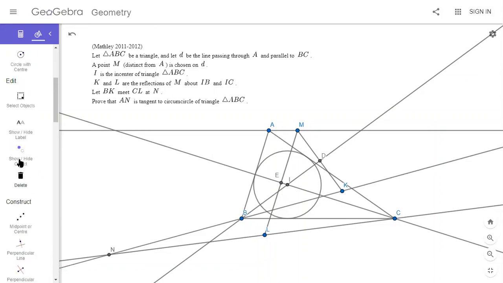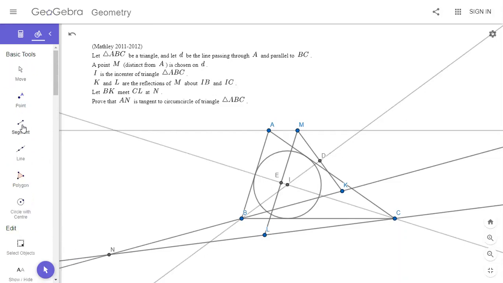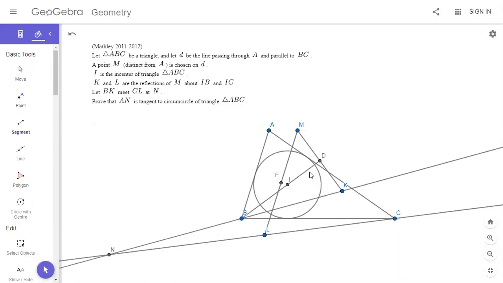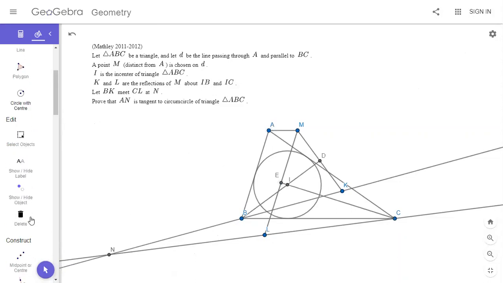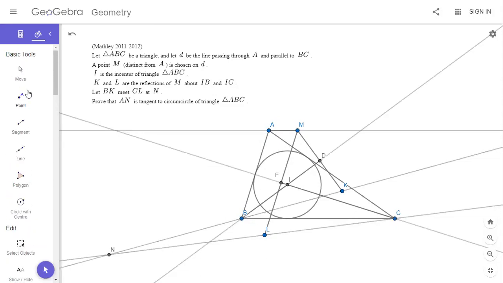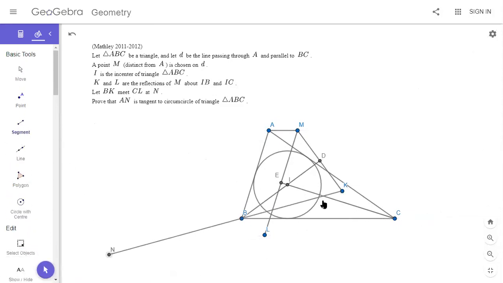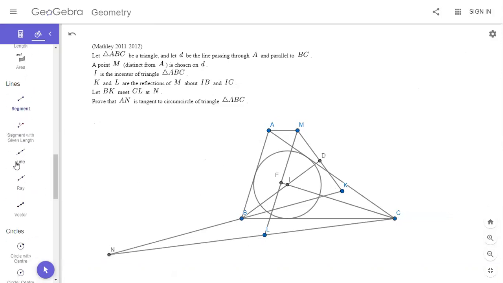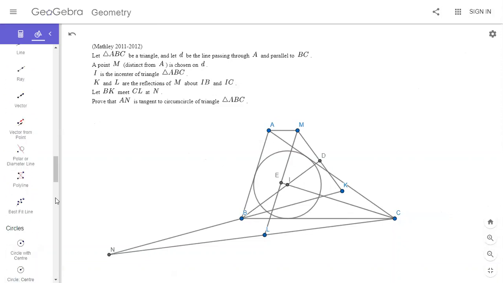All right. NBK and NCL. We want to show AN is tangent to the circumcircle of ABC.